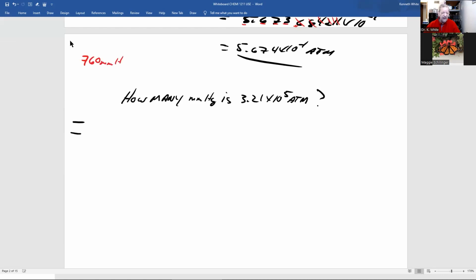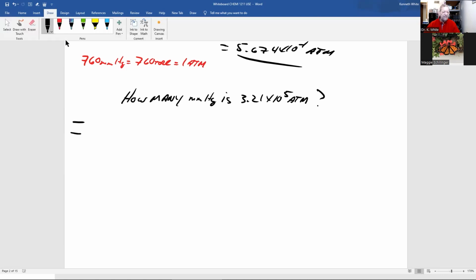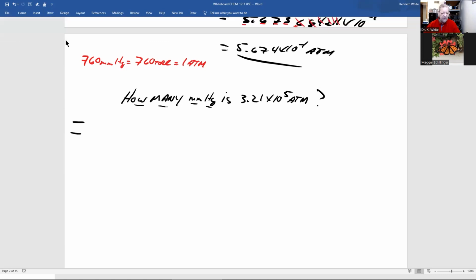I already know this by heart. All right, if we have this and we look at this, what are we being asked to find? How many millimeters of mercury?